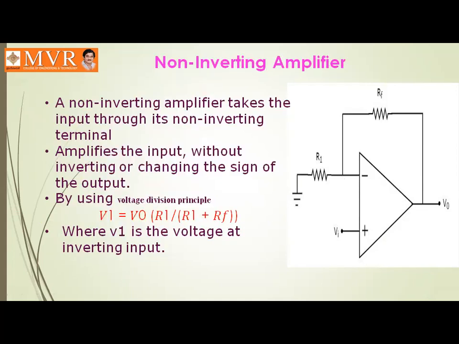Coming to the operation, here we have Vi. From this node we are going to solve this equation. Here we have 0 potential. Vi minus 0 divided by R1, and Vi minus V naught divided by Rf is equal to 0.